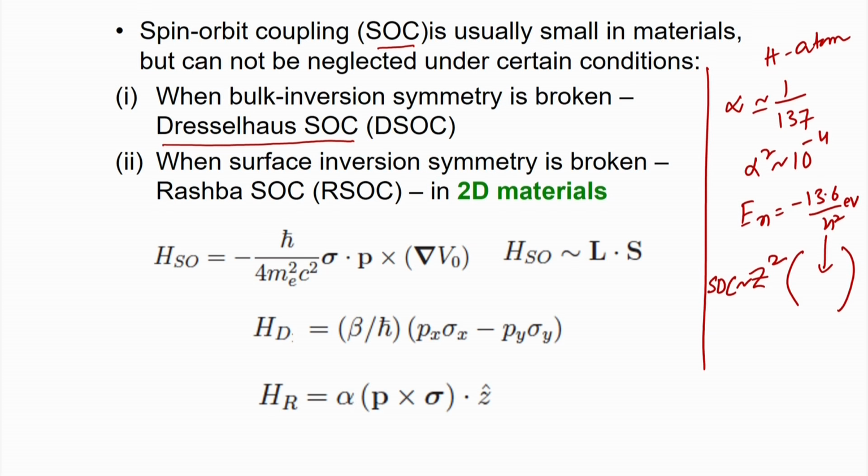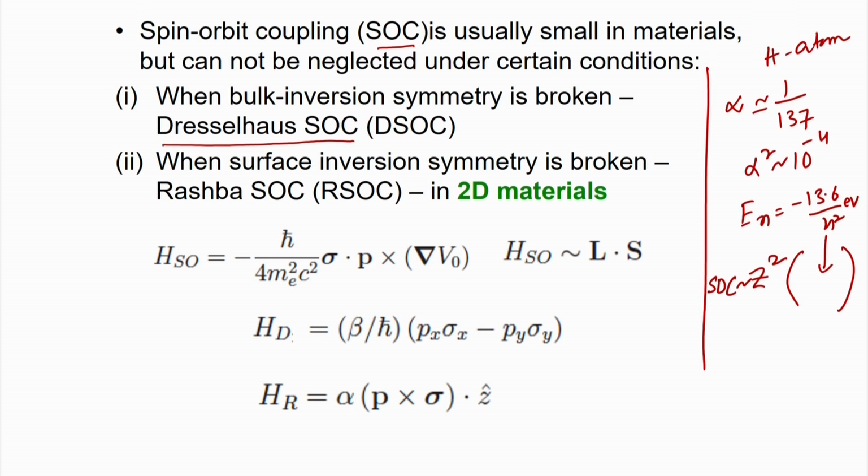Likewise, when the surface inversion symmetry is broken, there is another spin orbit coupling that goes by the name Rashba spin orbit coupling. It is by two people, Bychkov and Rashba. It is popularly known as Rashba spin orbit coupling, and so it is called RSOC.